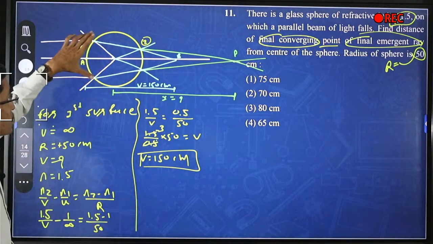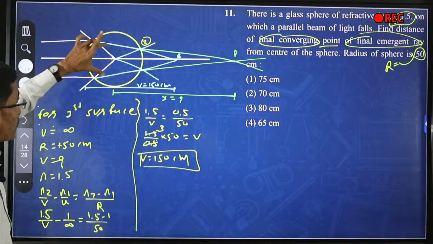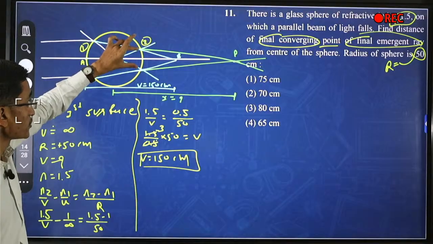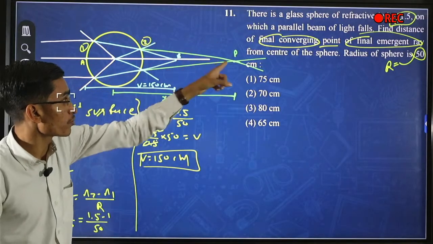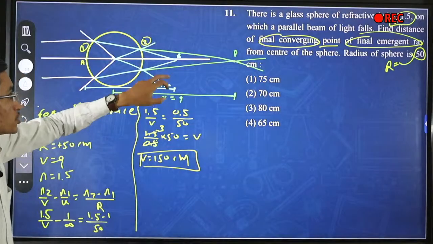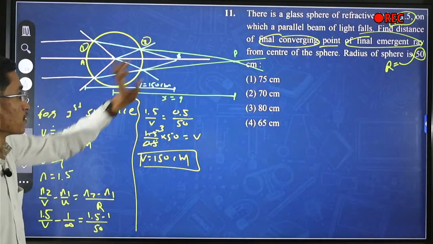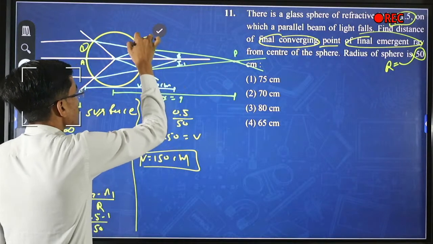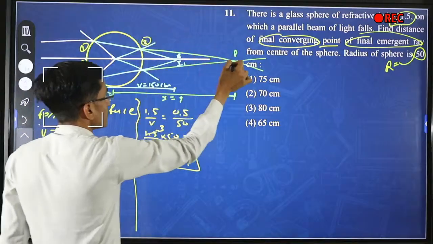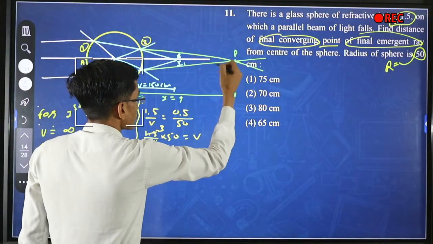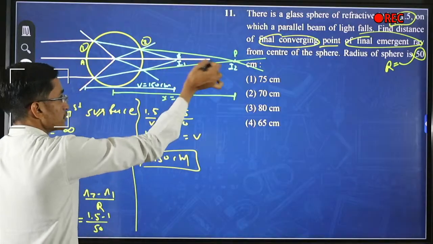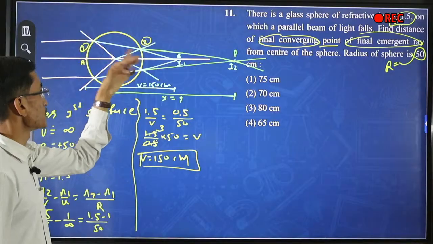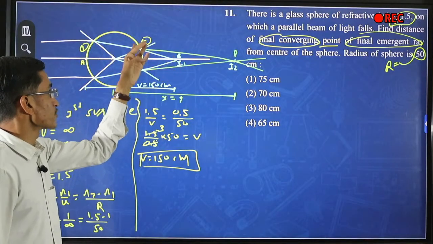So from the first surface the ray will become like this, but after reflecting from the second surface, this will merge and walk in the green direction. This point is formed as image I1, and the I1 image is the object for the second surface, and the final image I2 will be formed. So I1 is the initial image and I2 is the final image, and the I1 image formed by this surface can be considered as an object for the second surface.